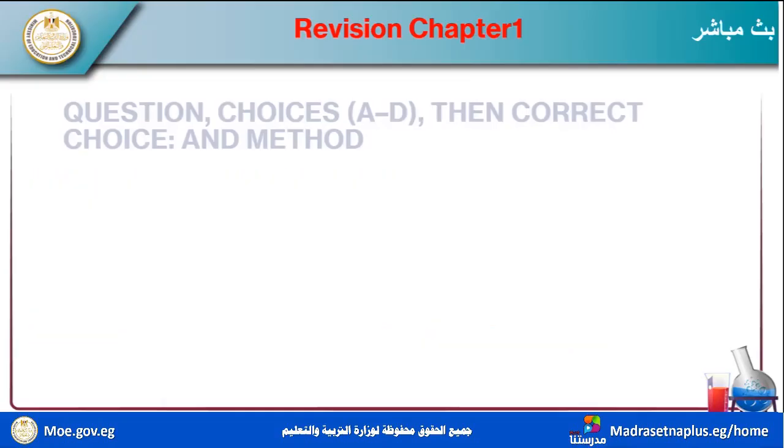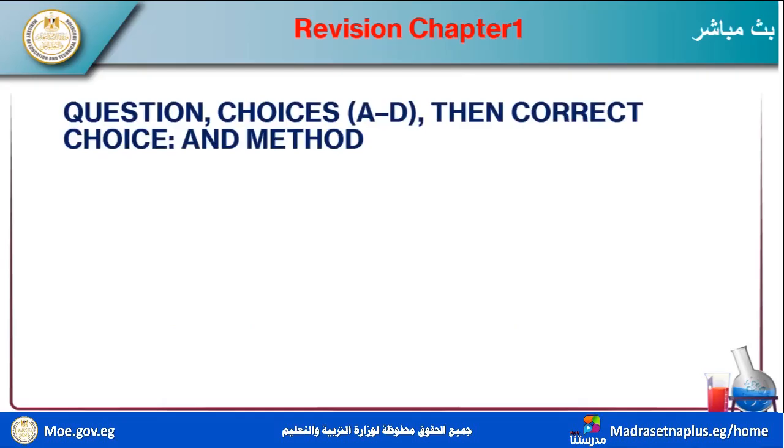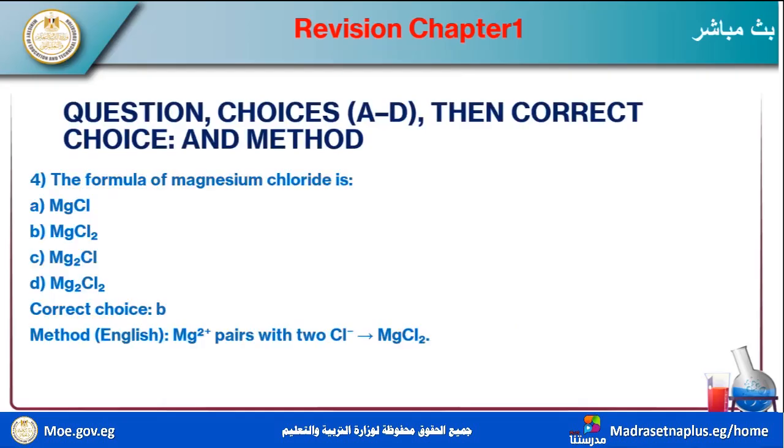I taught it before. Number 4, the formula of magnesium chloride is MgCl? No. Why? Because magnesium is divalent, and chloride is monovalent. So the correct answer is MgCl2.